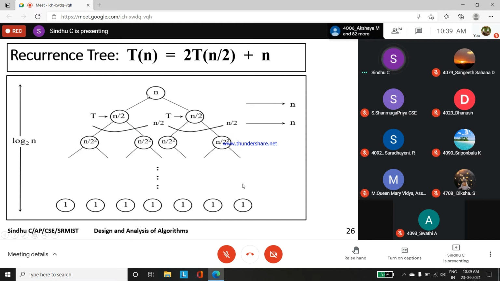This n is the input size, you divide it into half, and each subproblem is again divided into two halves, and so on until you have leaf nodes of size one, the simplest subproblem. This is a representation of a recurrence tree.